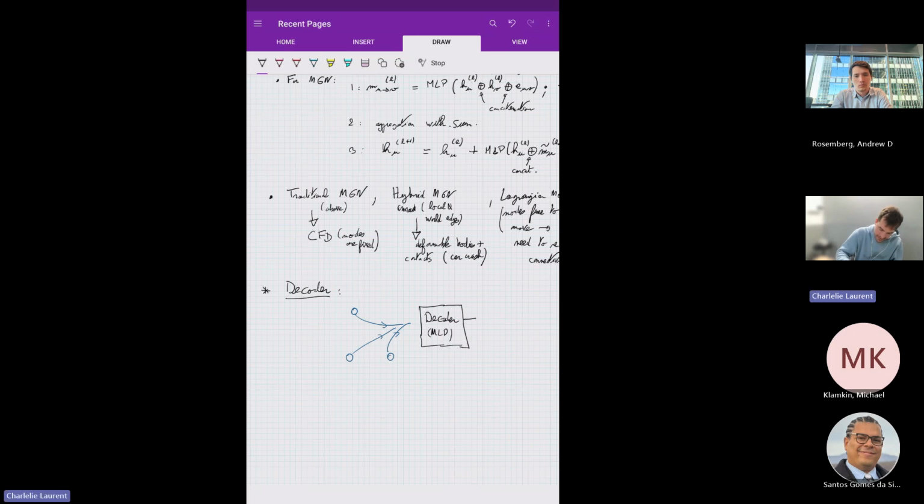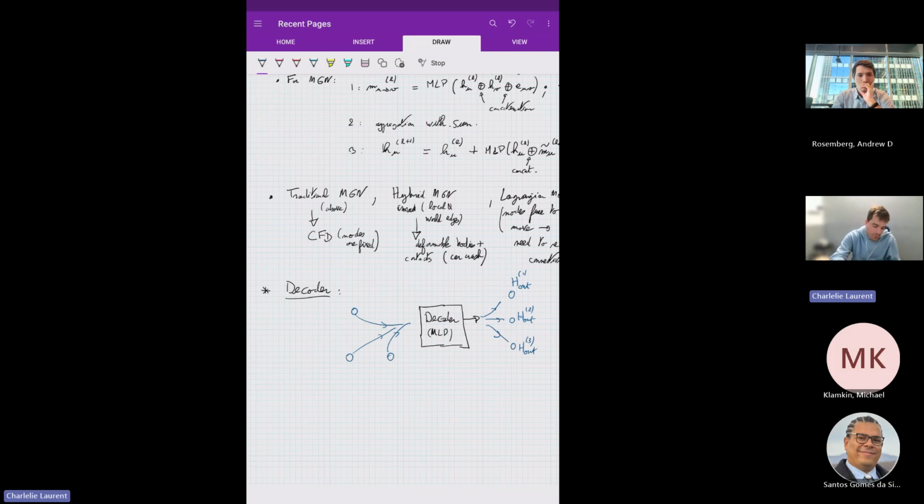Then it gives you the output on the node, an H out, basically the output features on each node.